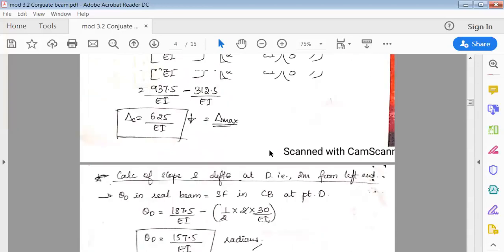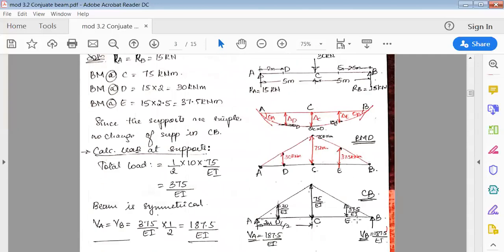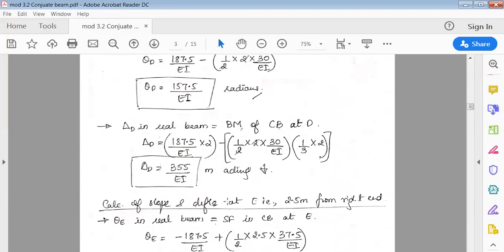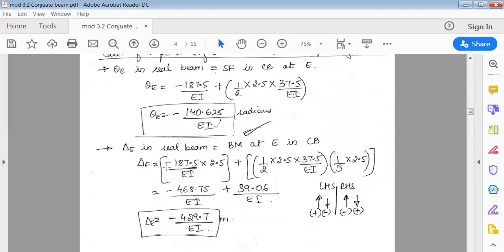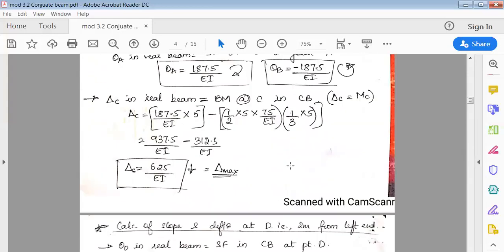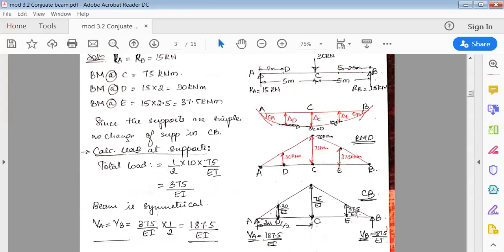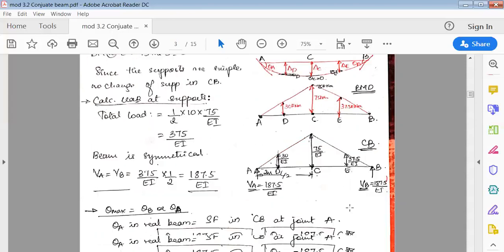Next, there's a downward load. So for the downward load, again, right side clockwise is negative. So the area of this; just change the sign here. So this becomes plus, this becomes minus. Again it is half into base into height, into the CG distance. Again, the centroid is measured from E. You have to measure from E. So the centroid of the triangle measured from the base of the triangle is 1/3.